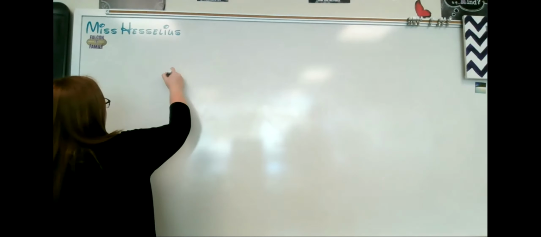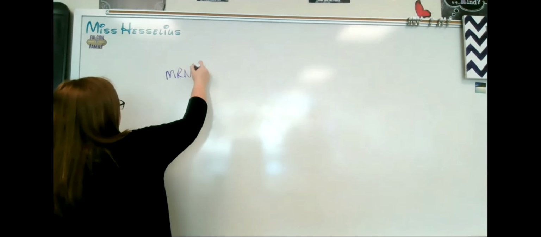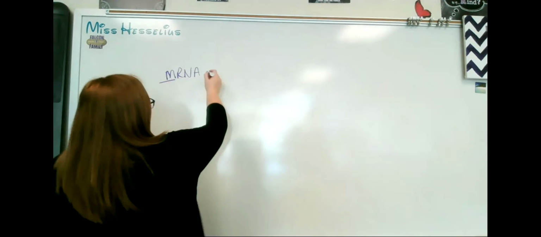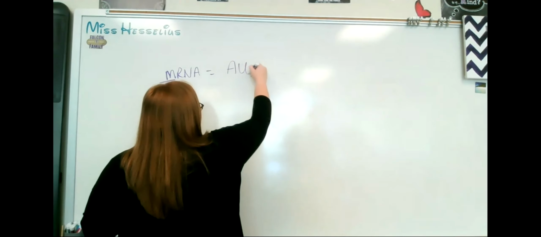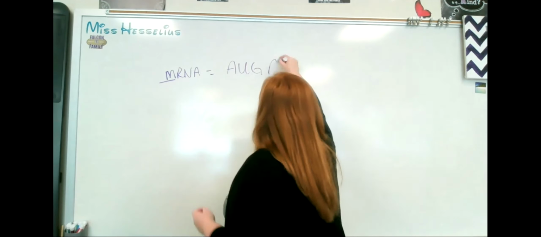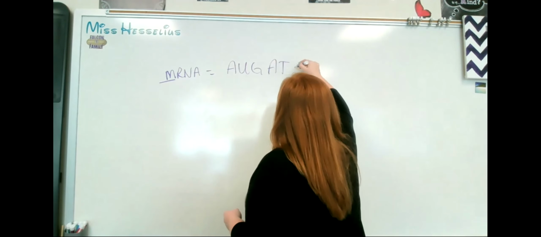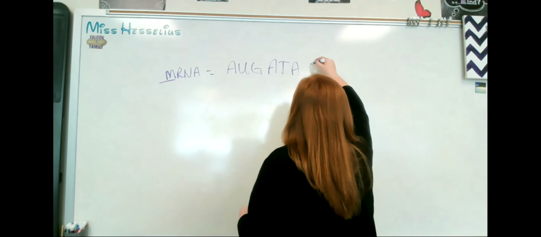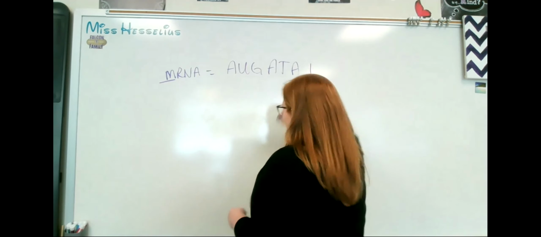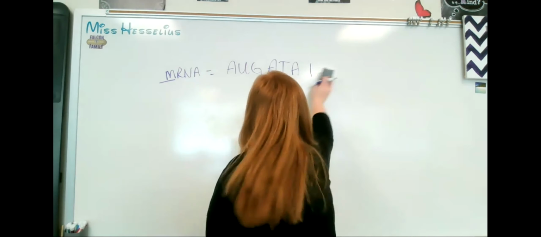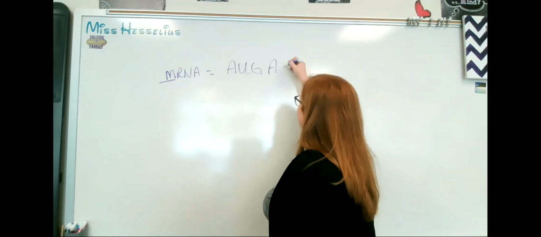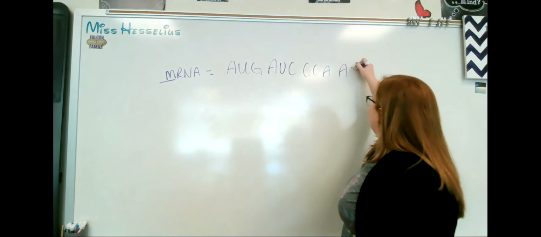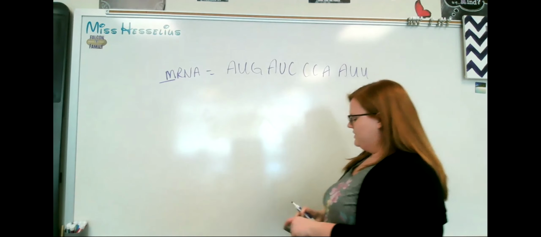So if our mRNA sequence, and remember mRNA stands for messenger RNA, if our mRNA sequence is something like this, there can't be a T. Okay, we'll see what that gives us.